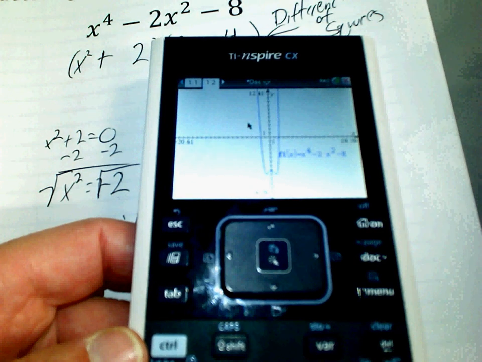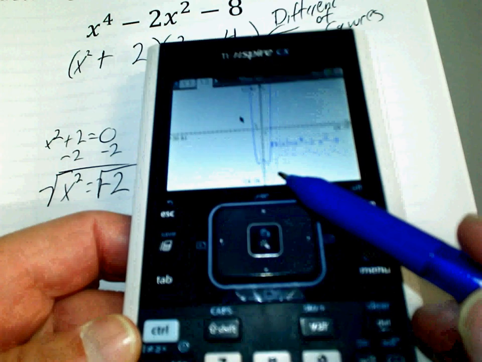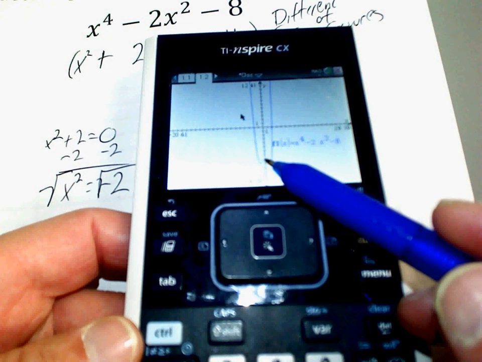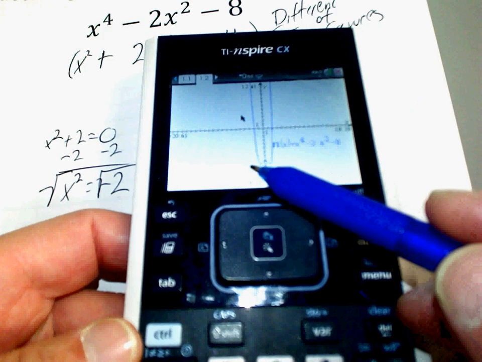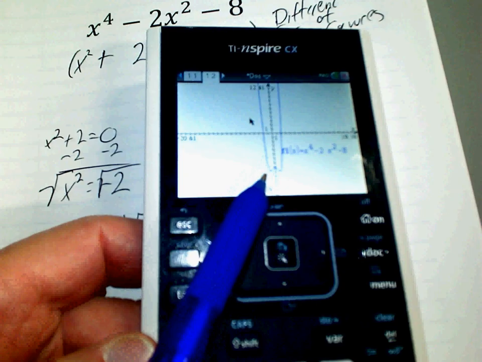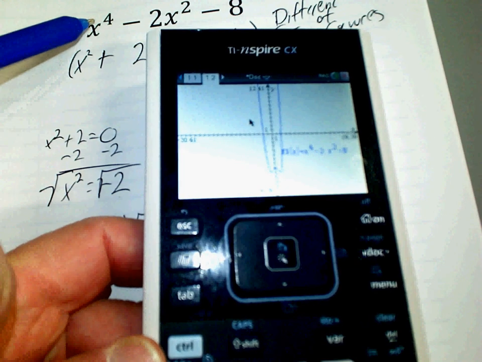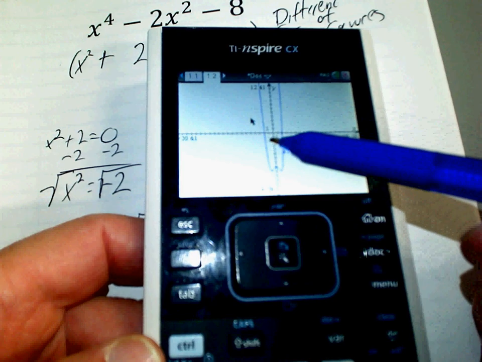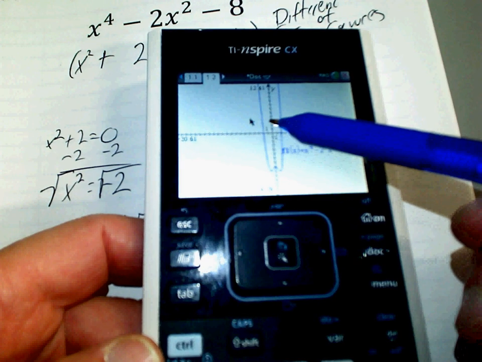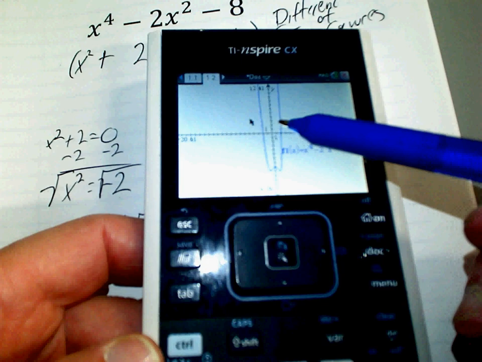Then it came up to a max, and it came back down to a minimum, and then it went back up and finished. This kind of look is always what you could expect from a fourth degree. If it had crossed the x-axis, come back up, crossed the x to its max, crossed the x, and then back, you could have had 4 real solutions.